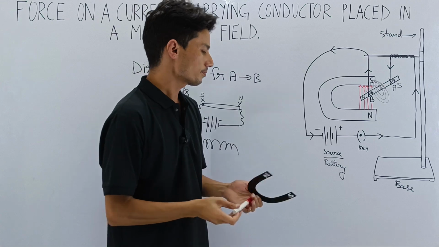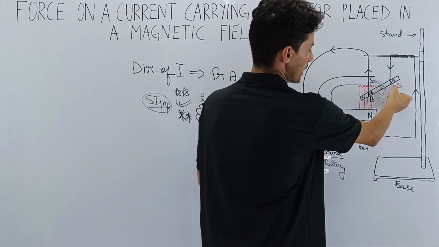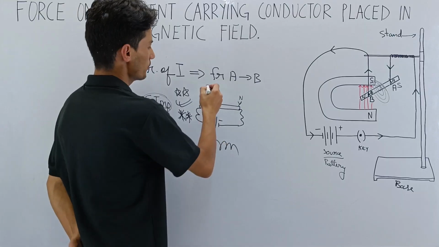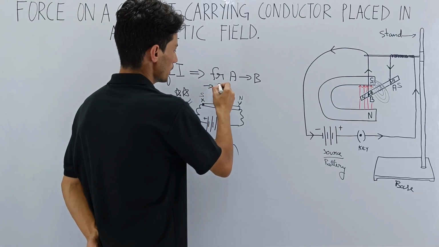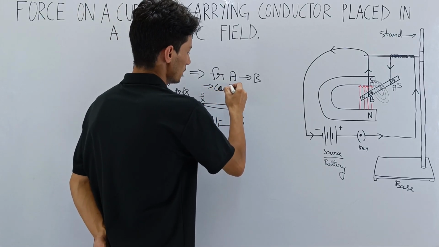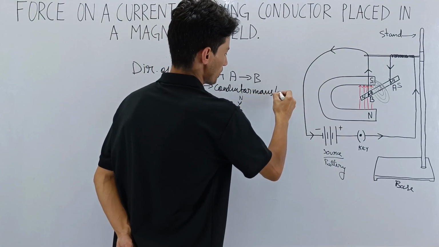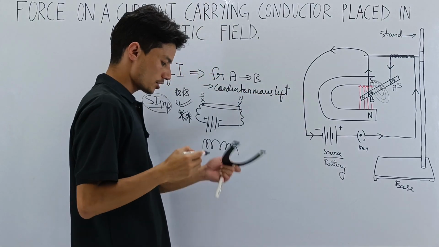Now, when current moves from A to B, the conductor moves left.